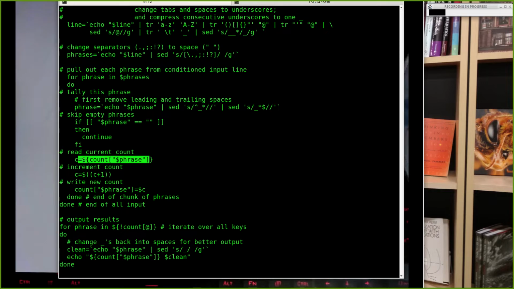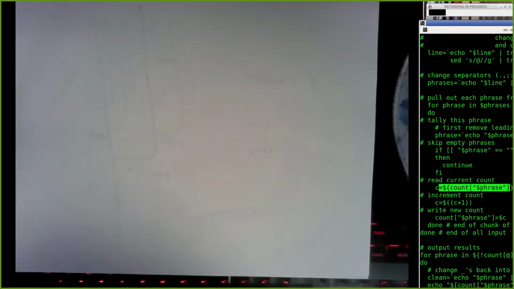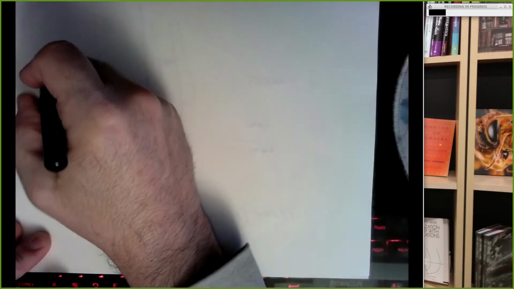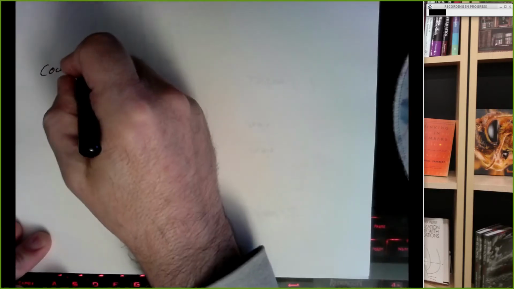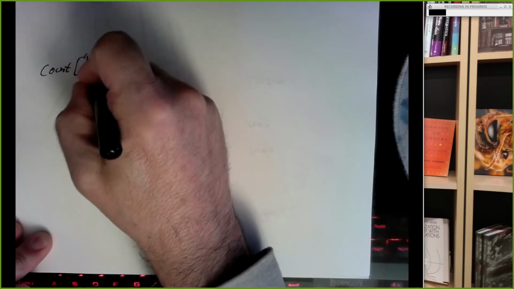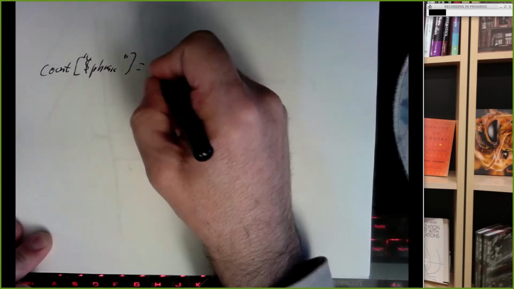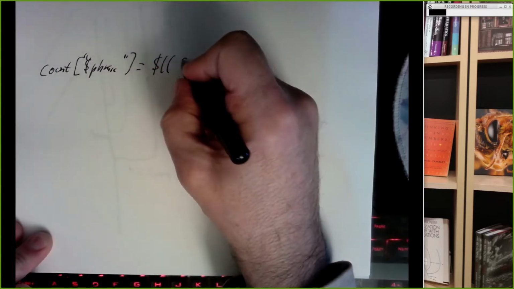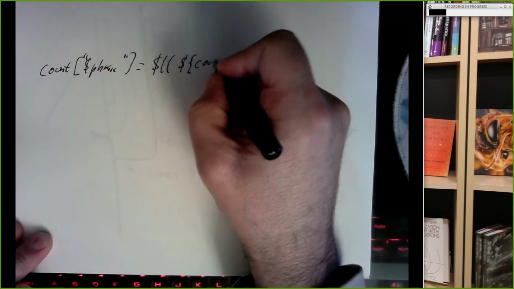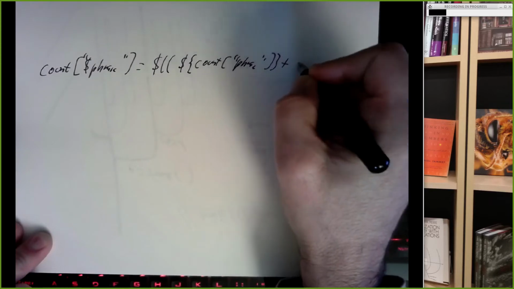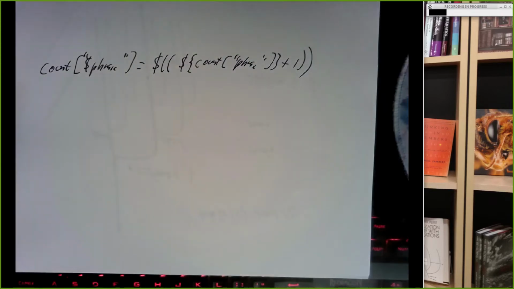And I'm a fan of breaking things into pieces if there's any possibility of confusion, right? We could do something like, count bracket $phrase equals $, $, curly bracket count bracket quote phrase quote bracket curly bracket +1 paren, right?